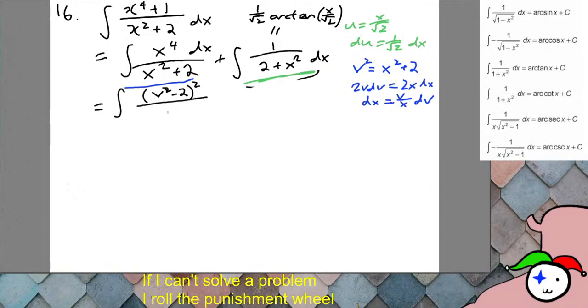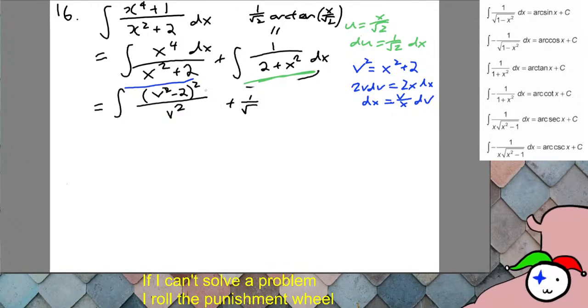I don't think so. V over v squared. I guess it's easier to do. Plus dv?